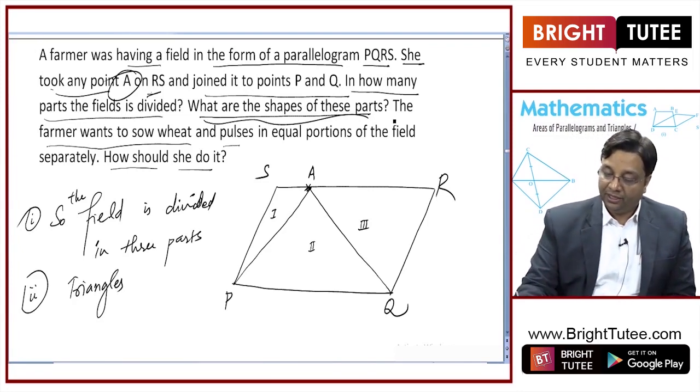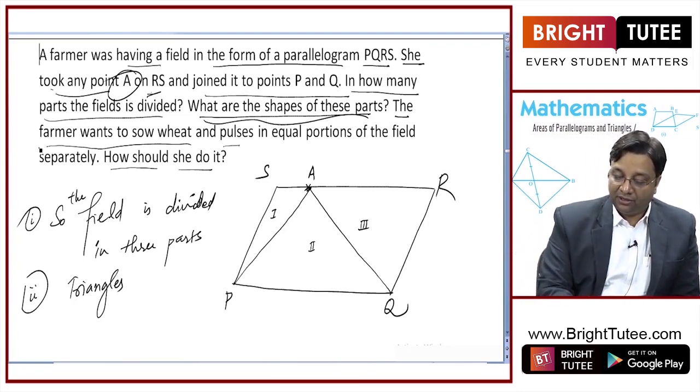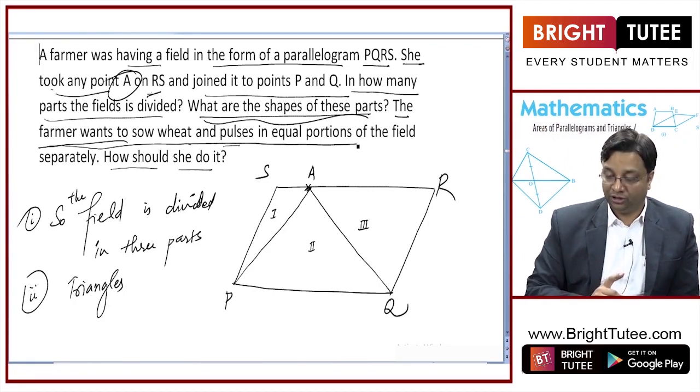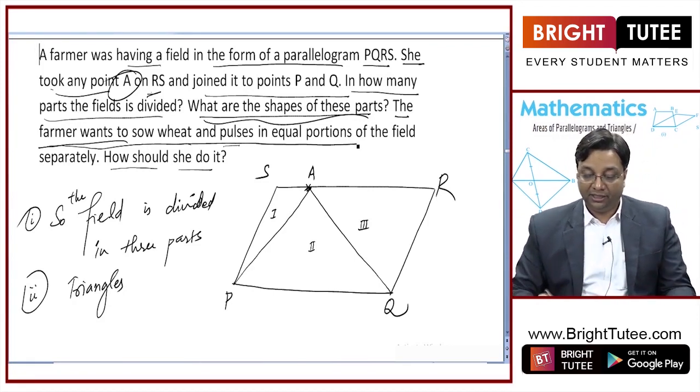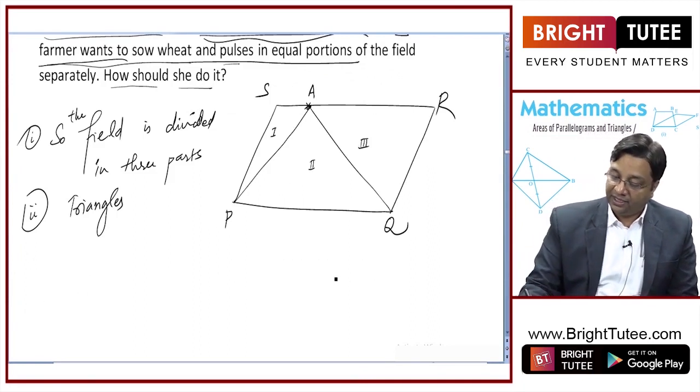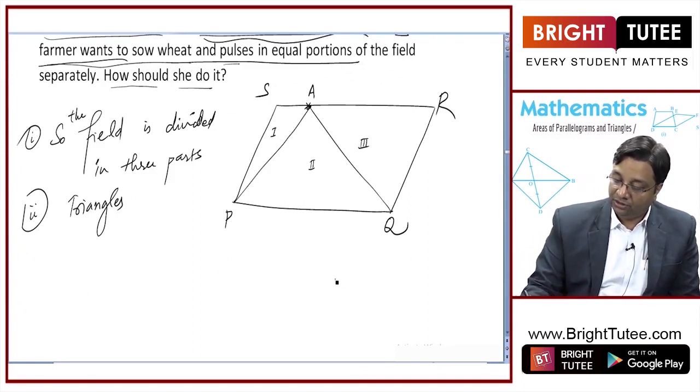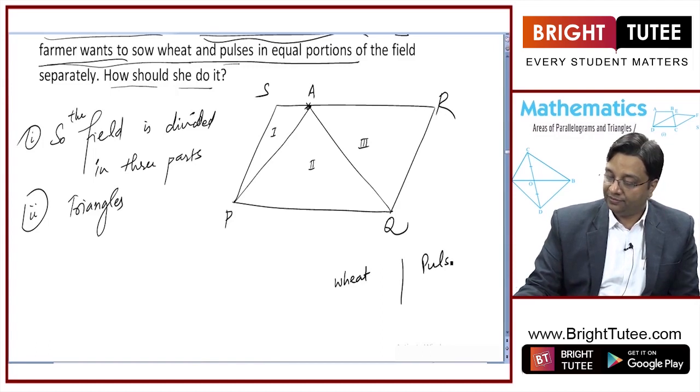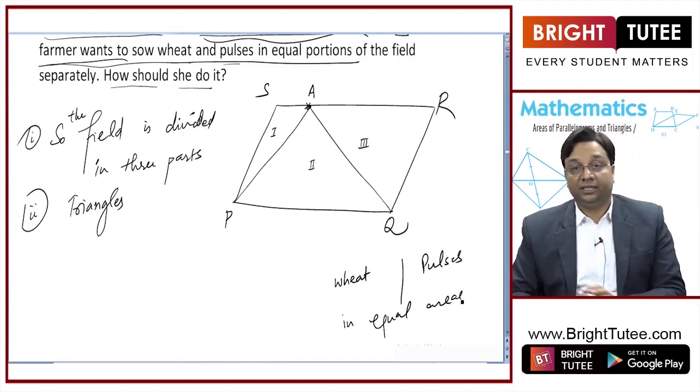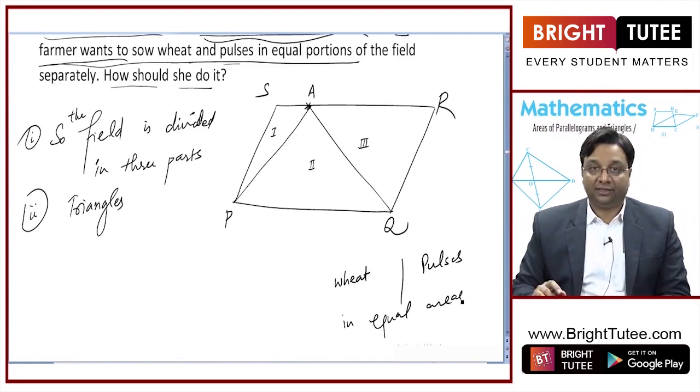Okay. Third part, the farmer wants to sow wheat and pulses in equal portions of the field separately. So, the farmer intends to sow wheat and pulses in equal areas. Okay. So, how can she achieve that?